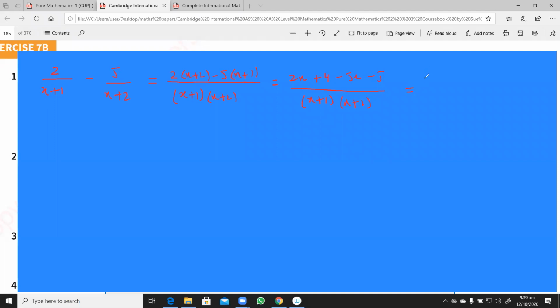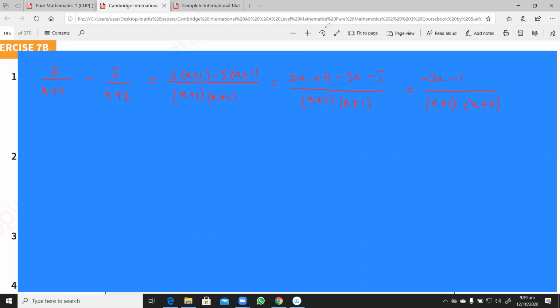So this is minus 3x minus 1 over x plus 1 into x plus 2. Okay, this is what you have been doing a lot in your O-level mathematics.